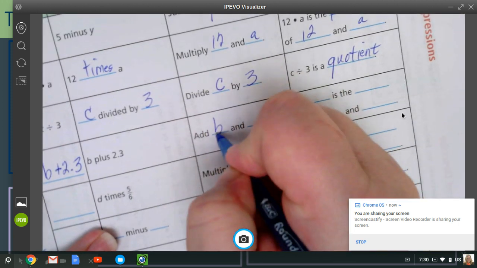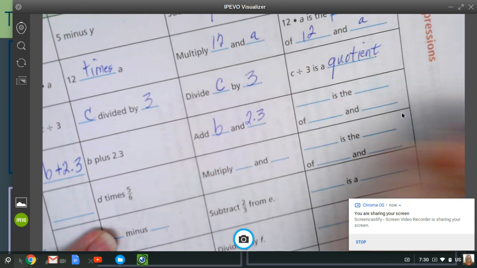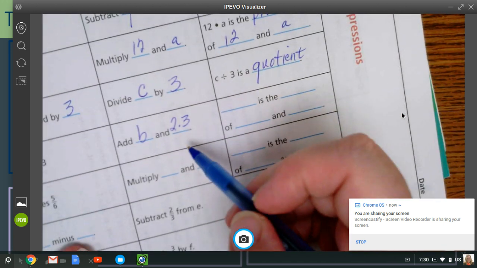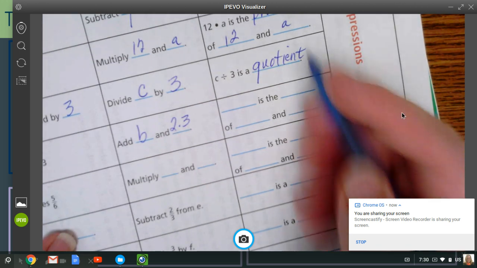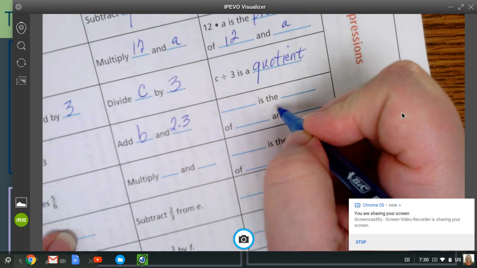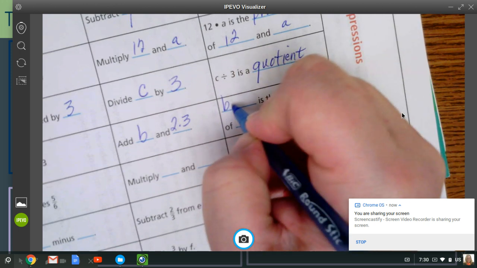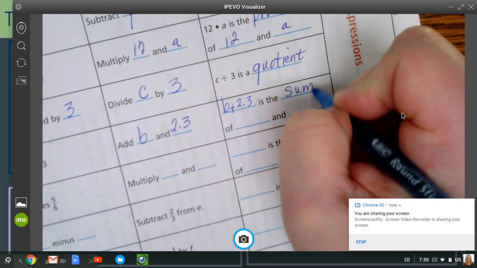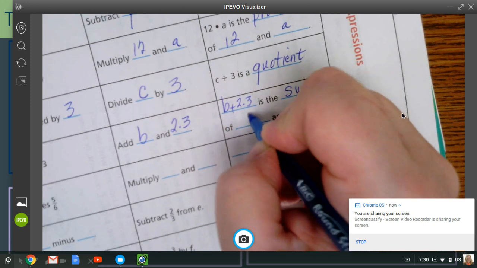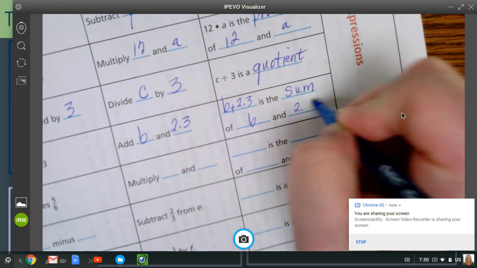The proper term for the problem: b plus 2.3 is the sum of b and 2.3.